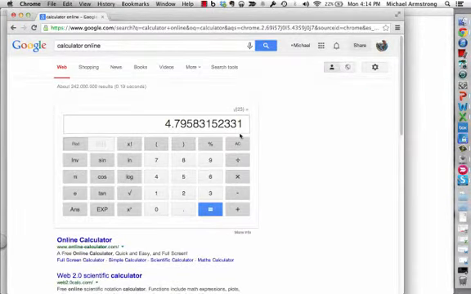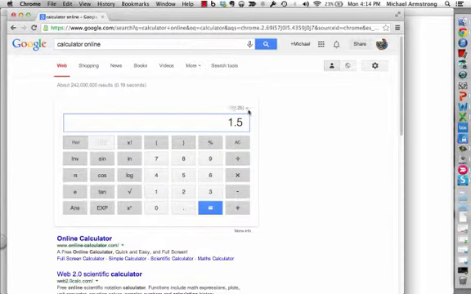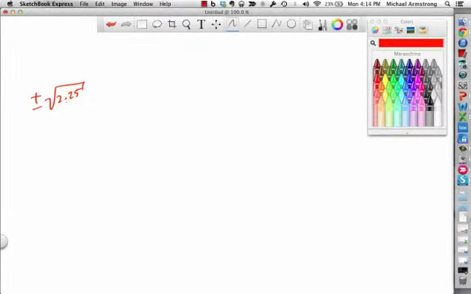Now we might be able to do this in our head, but we don't know that 1.5 times 1.5 is 2.25. Some of us might. We might recognize that 15 times 15 is 225. But we didn't, so we came and used a calculator. And a lot of times when there's decimals and you're finding square roots, it's okay. So the square root of 2.25 is equal to positive 1.5 and negative 1.5.